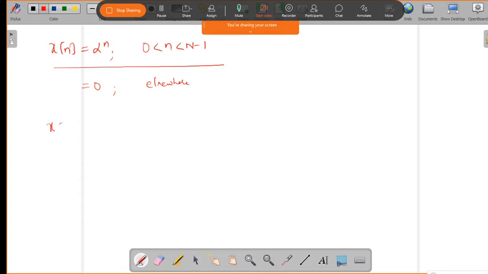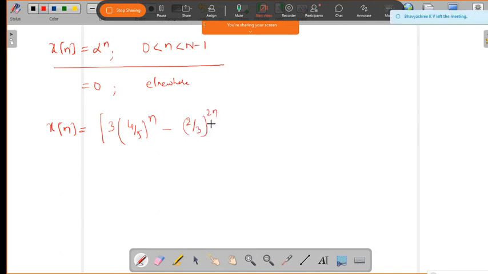Now take this one, x of n equal to 3 into 4 by 5 power n minus 2 by 3 whole power 2n into u of n. So now try to do this one.